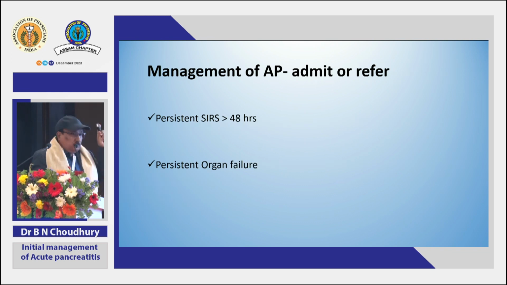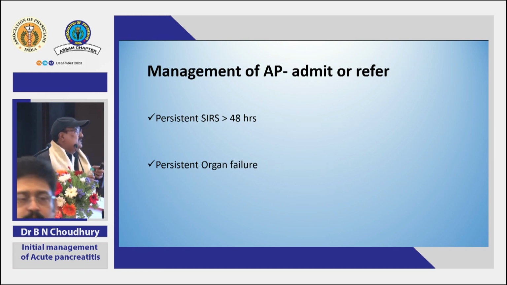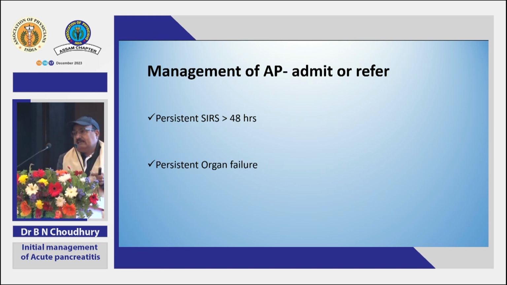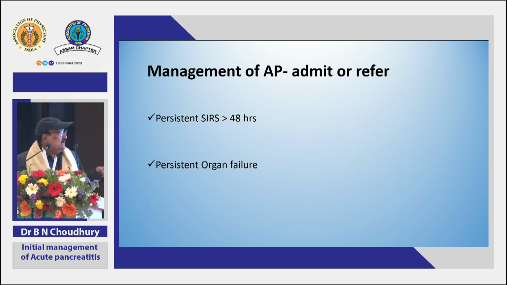So this is the point. If a patient presents in your OPD or emergency, suppose you are working in a small hospital, with SIRS, that is systemic inflammatory response syndrome, which all of us know: tachycardia, tachypnea, temperature, and leukocytosis, then we should refer this patient if we don't have ICU facility.